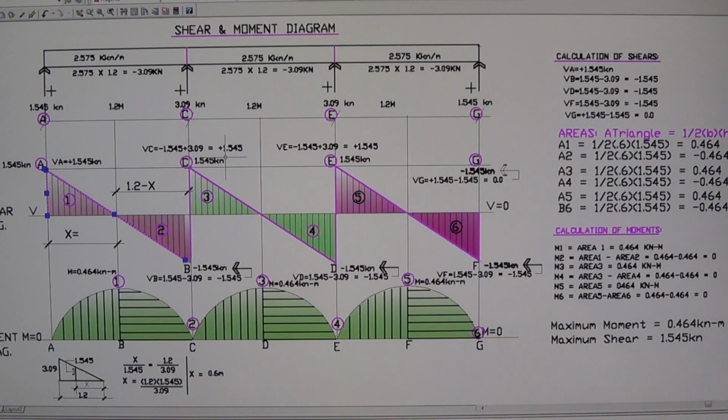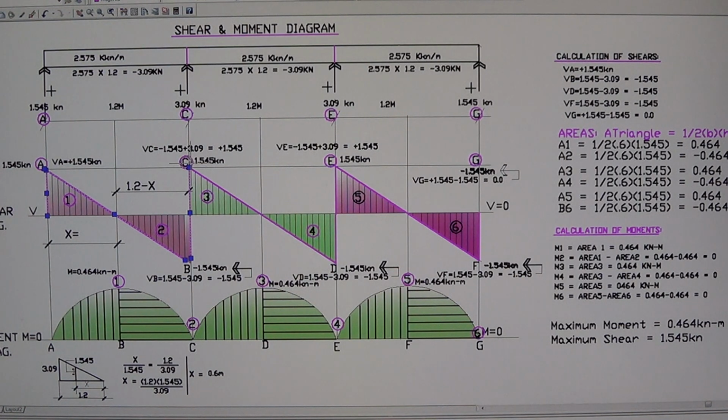Again, retain the sign of the greater number, which is positive. You get positive 1.545 kilonewton. Now locate that on the vertical line. It's almost the same as the location right here, so I locate it right here. From B, now you're at C. Since this is a concentrated load going upward, you just draw a vertical line from B to C. So that's how you do it. See the blue there? That's from one end to the other end. Draw the vertical line there to C.